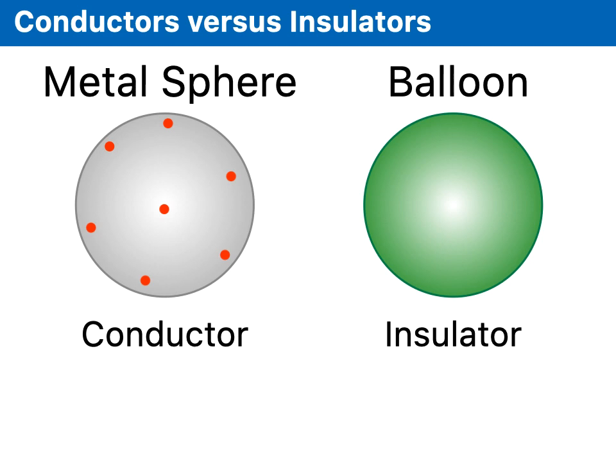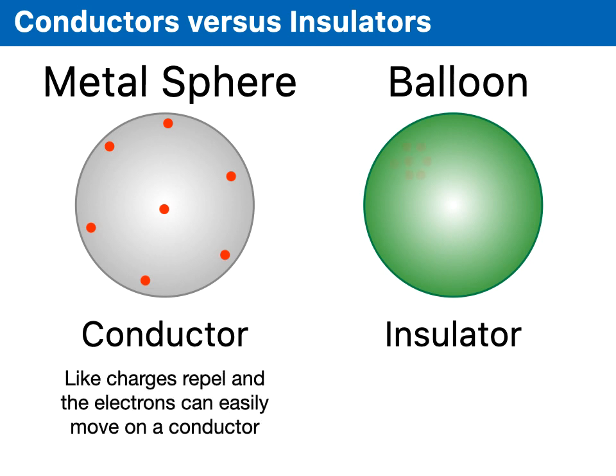We don't really need it. So when you place electrons on a metal sphere, they're going to try their best to spread apart as equally as possible. And it will happen nearly instantaneously, in like a millionth of a second. But if I put charge on a balloon somehow, it's just going to stay put.